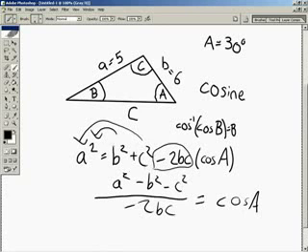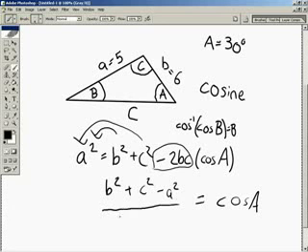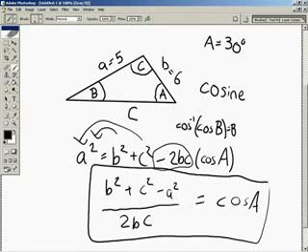And then they say, well, we've got a negative on the denominator. No one really likes that. So they make this a positive, this a positive, this a positive, and the A a negative. And they rewrite it nice and neatly saying B squared plus C squared minus A squared divided by 2BC equals cosine of A. That way you can isolate cosine of A. Personally, I don't like that method.